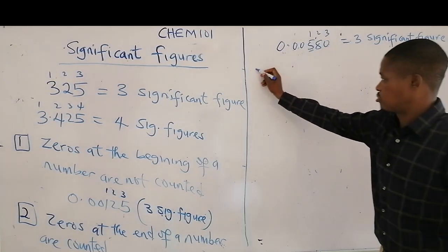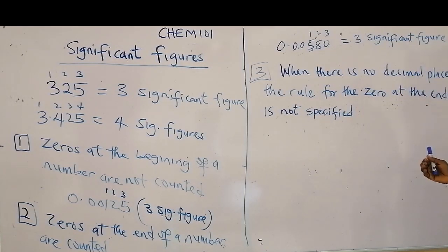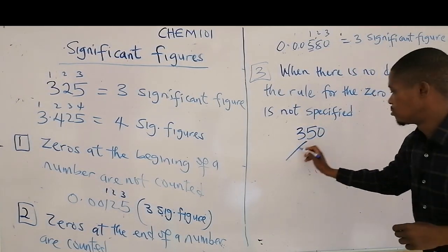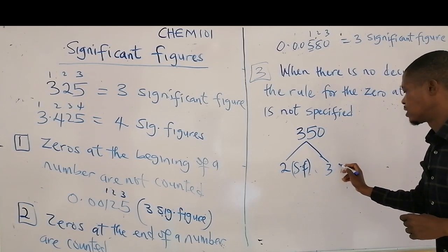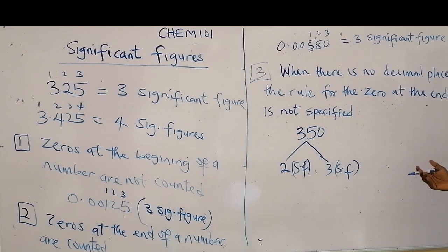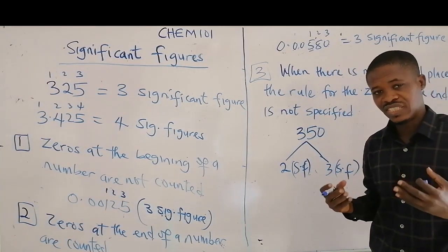The third rule: when there is no decimal place, the rule for the zeros at the end is not specified. For example, let's say you have 350. This 350 could be 2 significant figures, and at the same time could also be 3 significant figures. To avoid this ambiguity, use scientific notation.